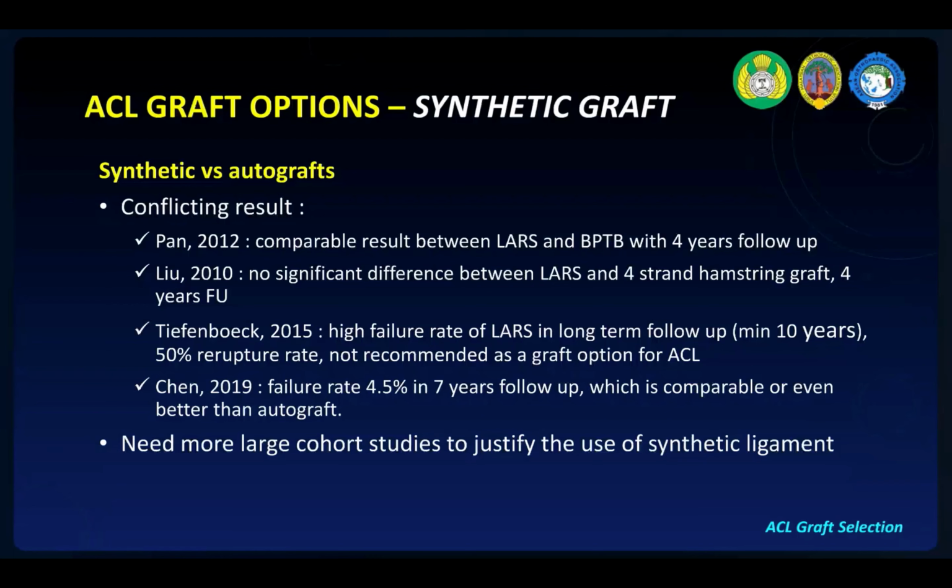Liu also showed no significant difference between LARS and hamstring grafts. But another study showed a high failure rate of LARS in long-term follow-up, with a 50% re-rupture rate. So they don't recommend synthetic graft as a graft option for ACL.